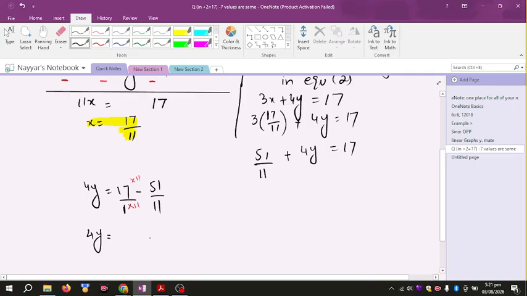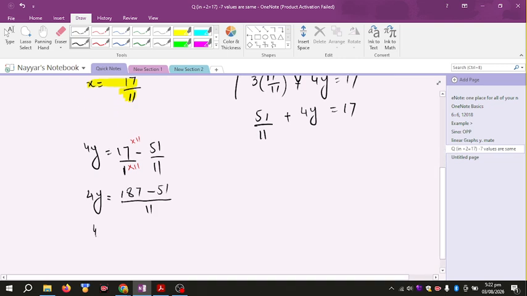Yes. What is 17 times 11? 187. So in the denominator, and minus 51 upon 11. So what is 187 minus 51? 136.